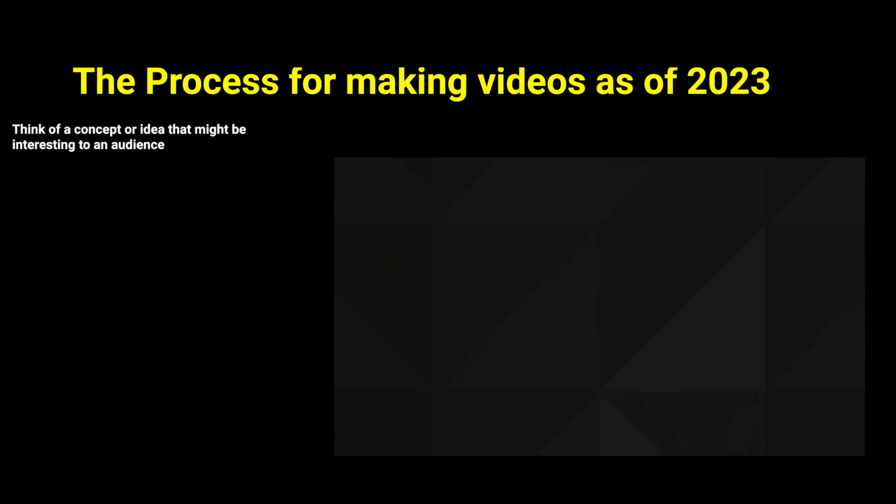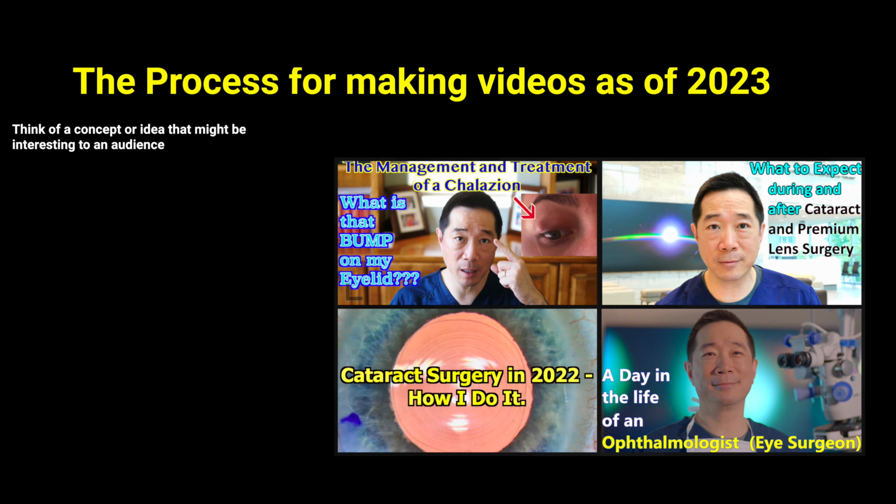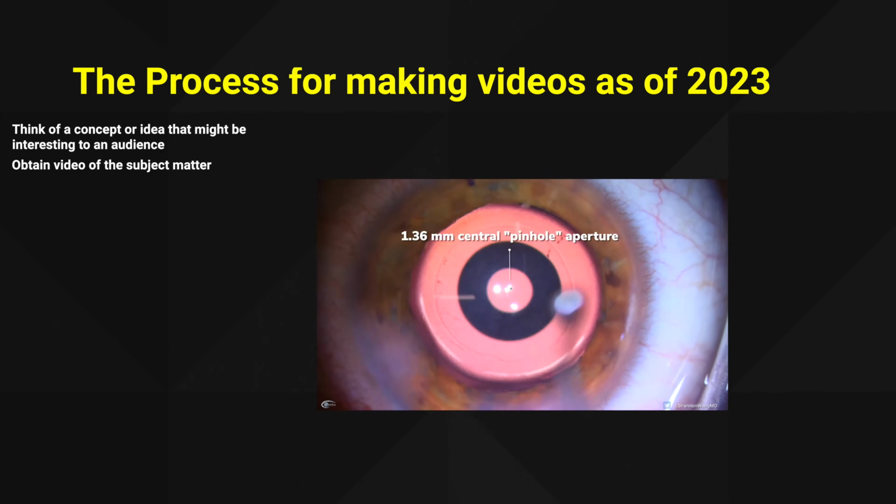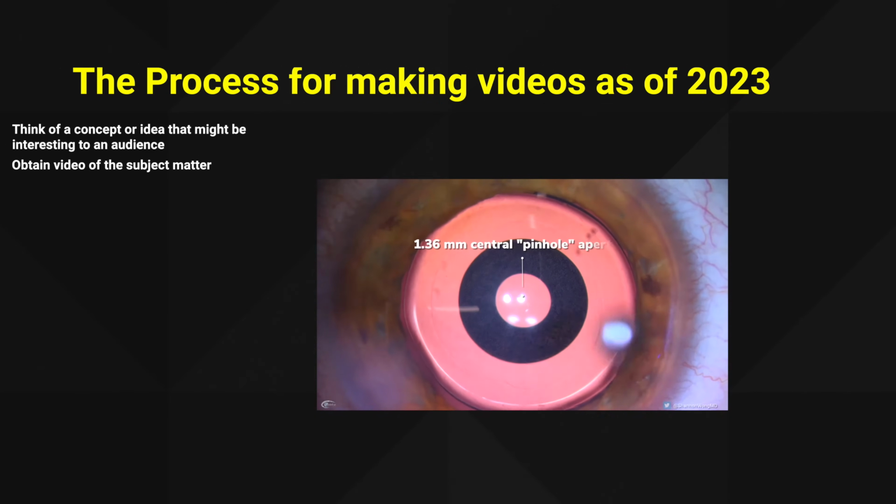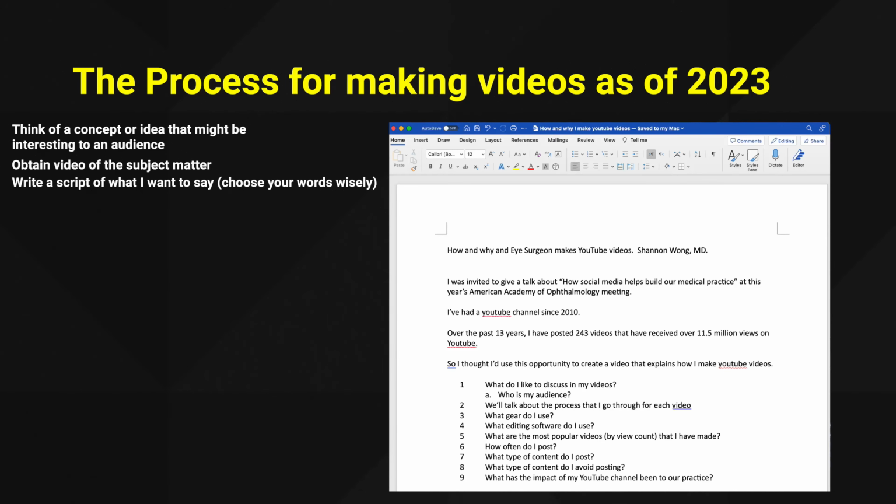What's the process that I go through to create each video? First, I think of a concept or idea that might be interesting to an audience. Secondly, I obtain video of the subject matter. Third, I write a script of what I want to say, and I make sure I choose my words wisely, because the internet is forever.